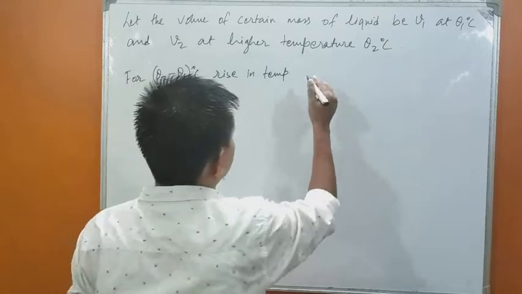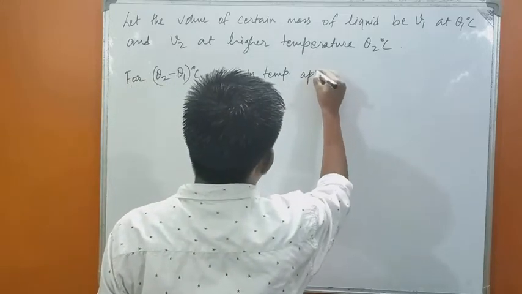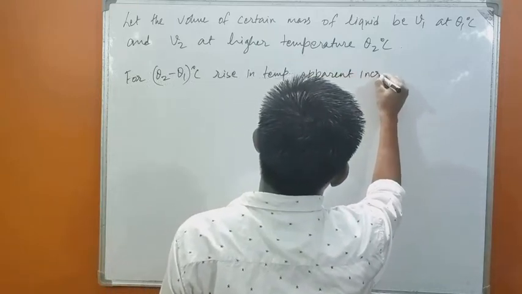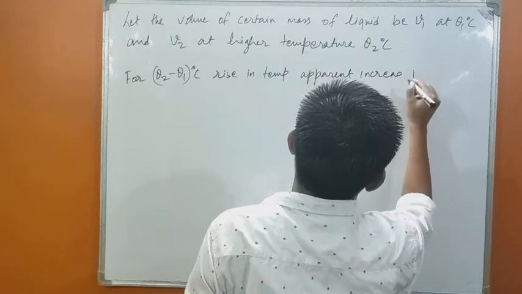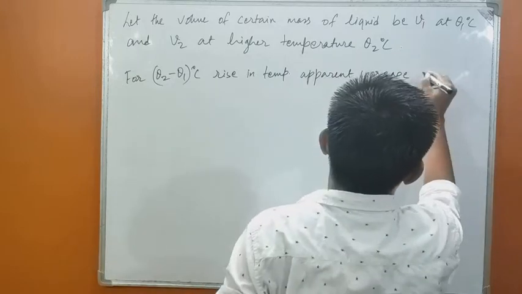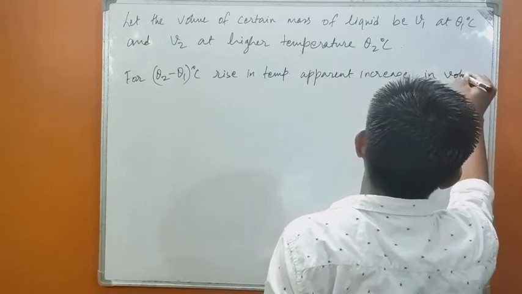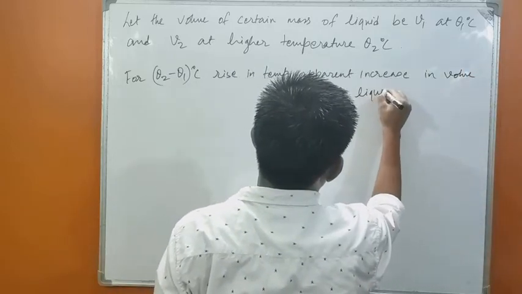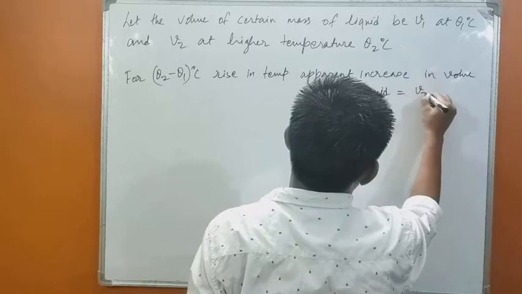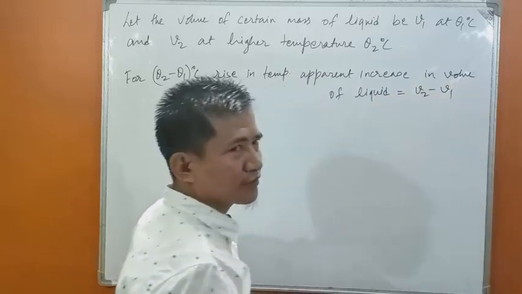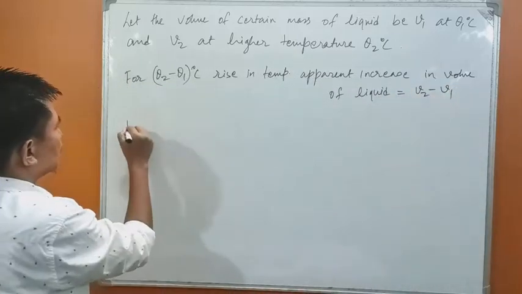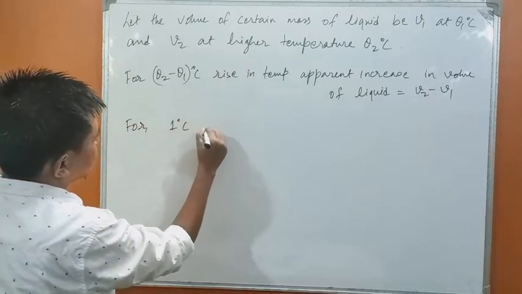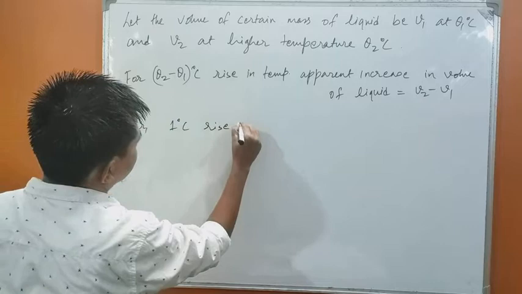For this rise in temperature, apparent increase in volume of liquid equals V2 minus V1, isn't it? Got my point? So, unitary method.